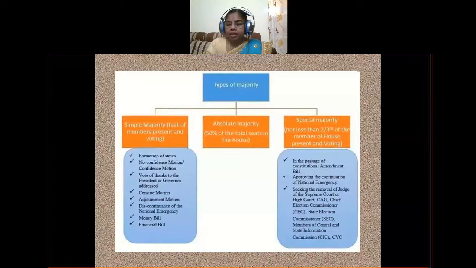There are some provisions which can be amended through special majority: the passage of a constitutional amendment bill, approving the continuation of national emergency, and seeking the removal of a judge of the Supreme Court or High Court, Comptroller and Auditor General, Chief Election Commissioner, State Election Commissioner, or members of Central and State Information Commission or Central Vigilance Commission. These are some of the provisions which can be amended by special majority of the Parliament.